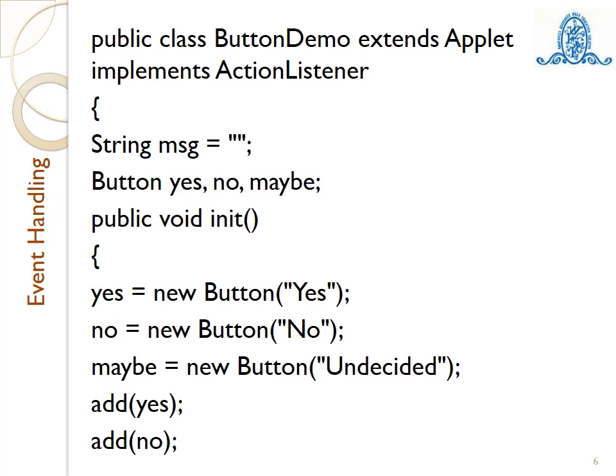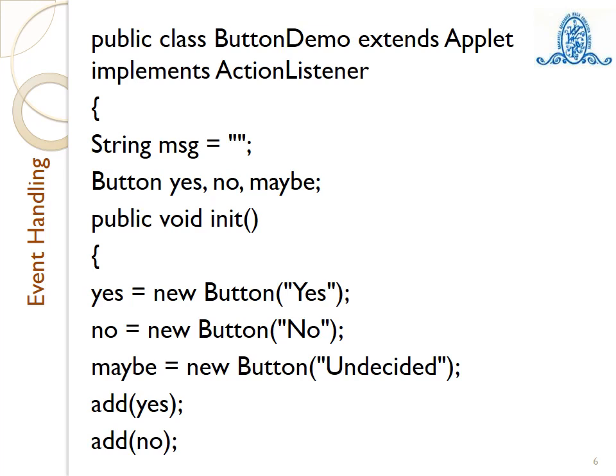This example consists of an event source as a button. When we declare the applet class, we have to implement the interface according to the type of event generated.